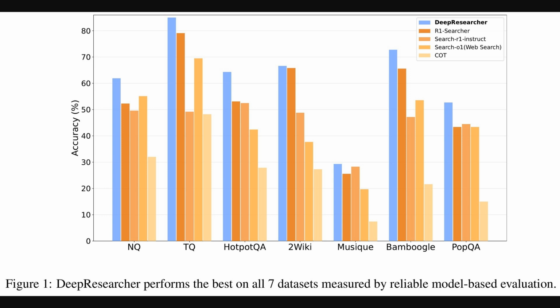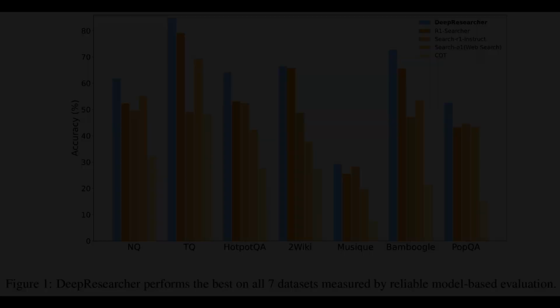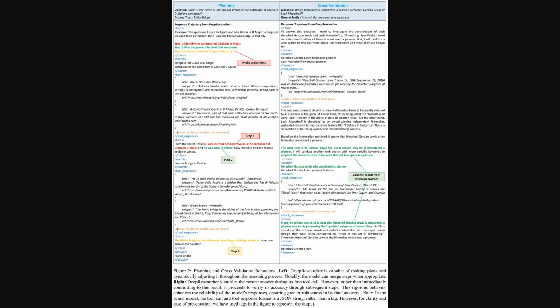What's really clear is that DeepResearcher, the blue bar, consistently scores the highest accuracy across all these different datasets. It really seems to outperform the comparison methods quite significantly in many cases, which supports the idea that this real-world training approach is effective.